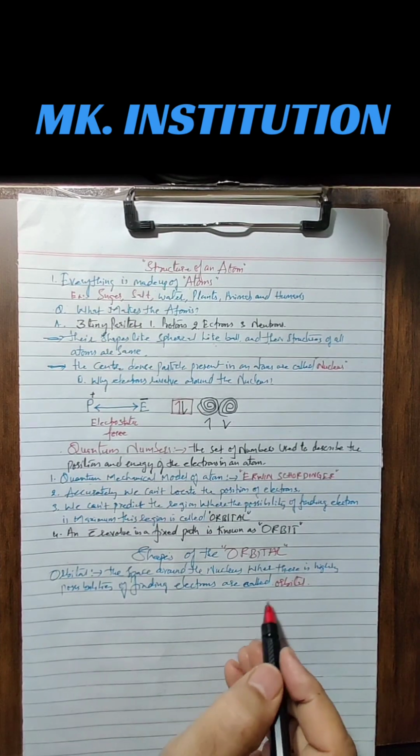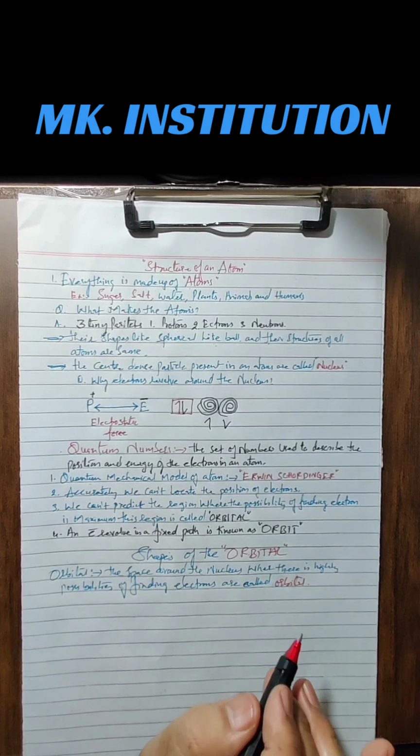Clear? This is the orbital, and this orbital will be very close to the nucleus. That you have to remember.